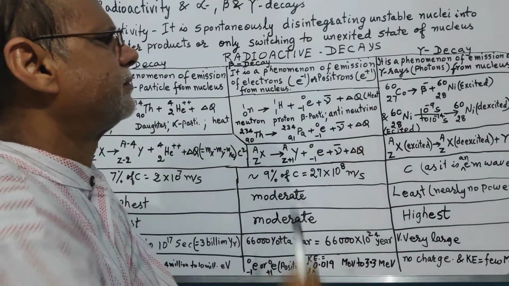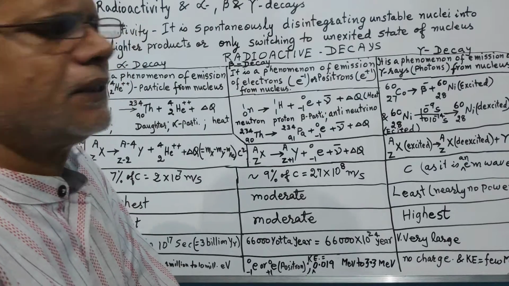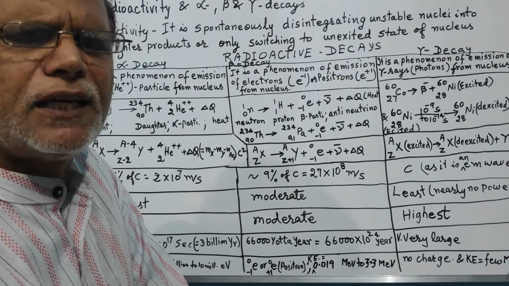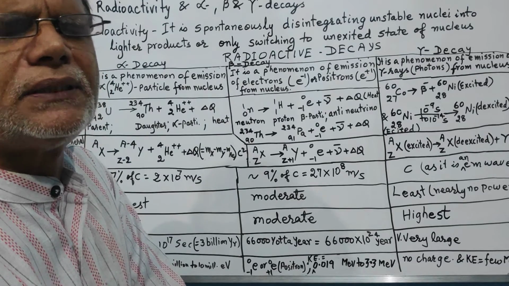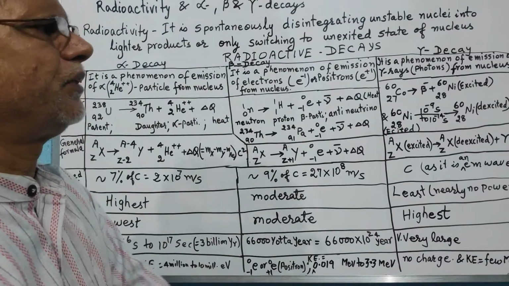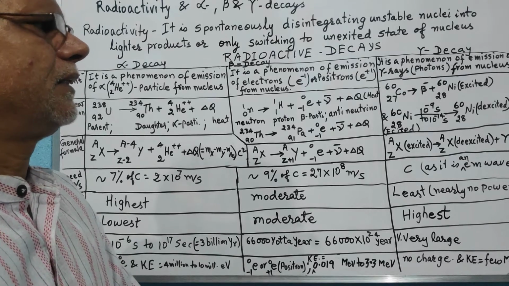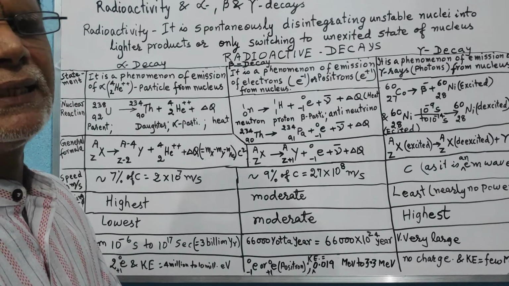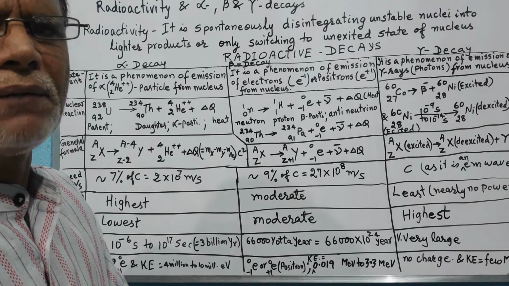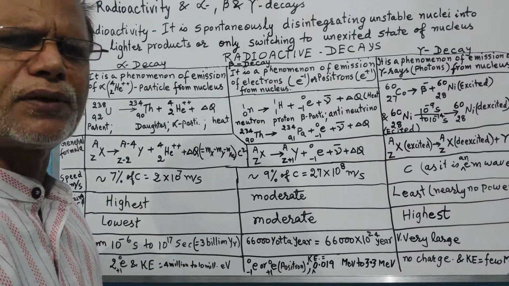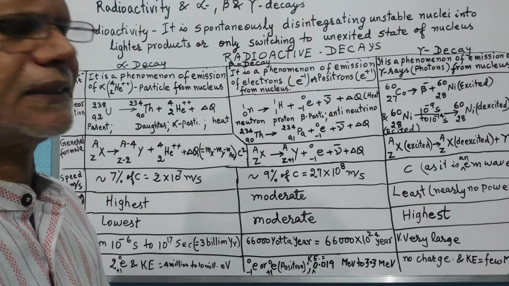And in gamma decay, there is emission of photons, that is electromagnetic waves, which are gamma rays, and therefore we also call it gamma decay. In this case, the nucleus remains in the same state, but it only switches from excited state to de-excited state.